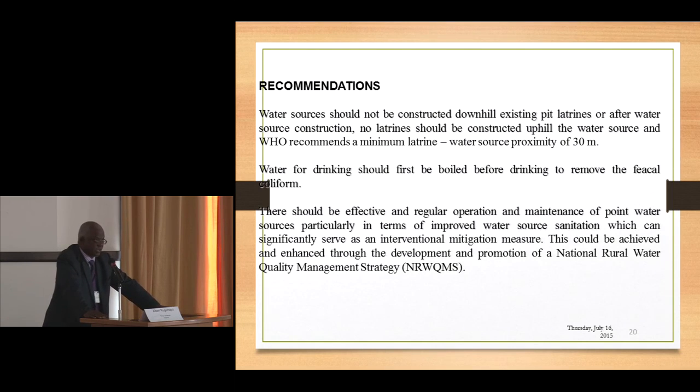Water sources should not be constructed downhill of pit latrines. Drinking water should be boiled, and there should be regular, effective operation and maintenance of these sources.